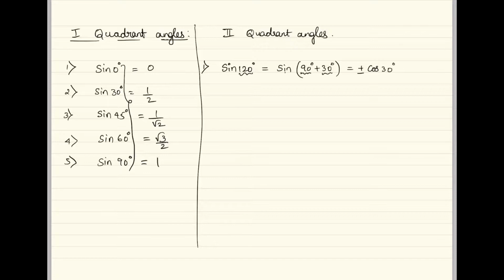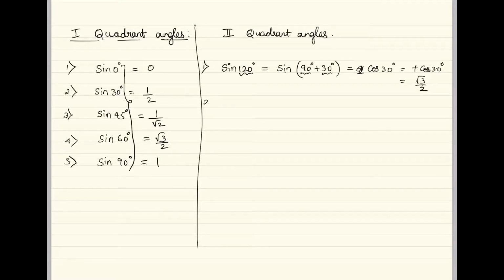You have to decide in your mind whether the final value is going to be positive or negative. So 120 degrees is in the second quadrant, and we know that in the second quadrant sine is positive, so we write plus cos 30. Plus cos 30 is root 3 by 2.